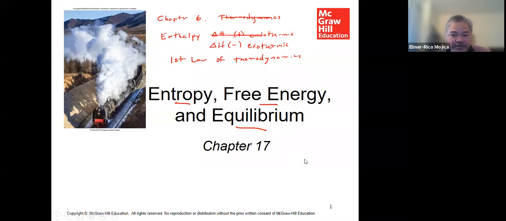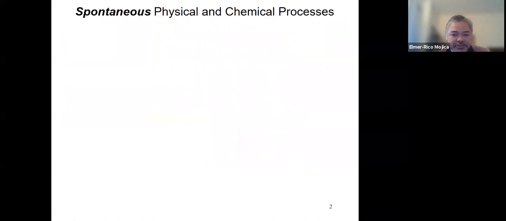Now, the first thing that we're going to ask ourselves is, what is this concept of spontaneous? When we're talking about something spontaneous, we're talking about a physical or a chemical process that occurs by itself.